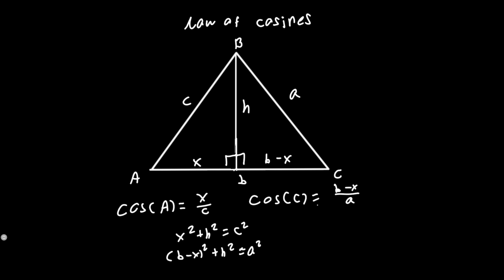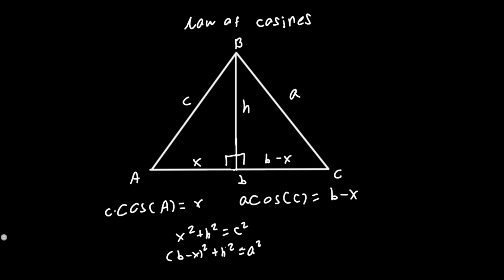So let's go ahead and multiply by a in this expression for cosine of C. So you have (b minus x) equals a cosine of C, and x is equal to cosine a times c. So pretty much now we have to plug everything in. But the problem is we're not going to plug in x or b minus x into the second equation, because we want to avoid that right now.